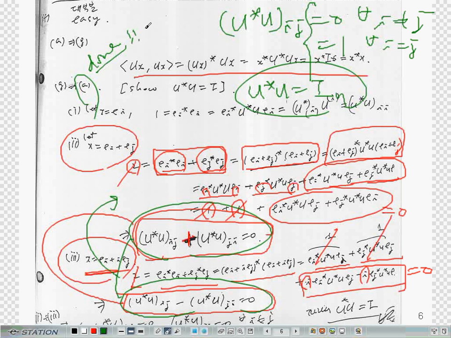The important thing here is whenever we have a condition that works for arbitrary vector x, this is one technique that we choose the elements that we can use. Okay?